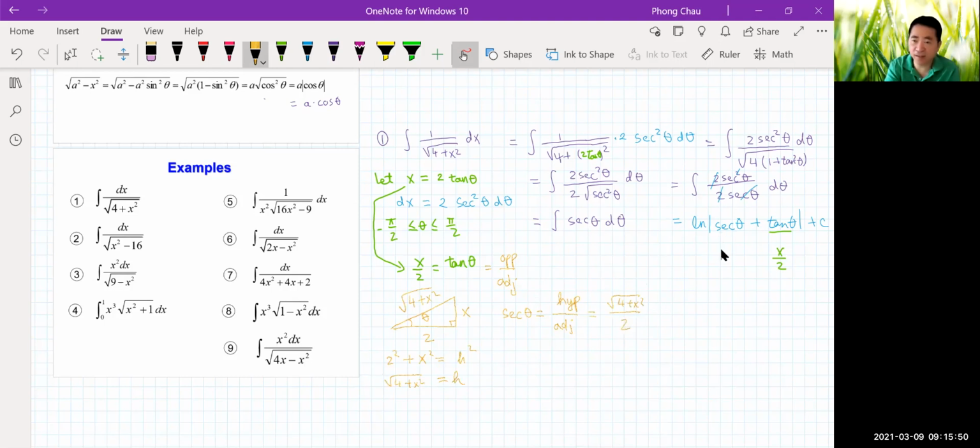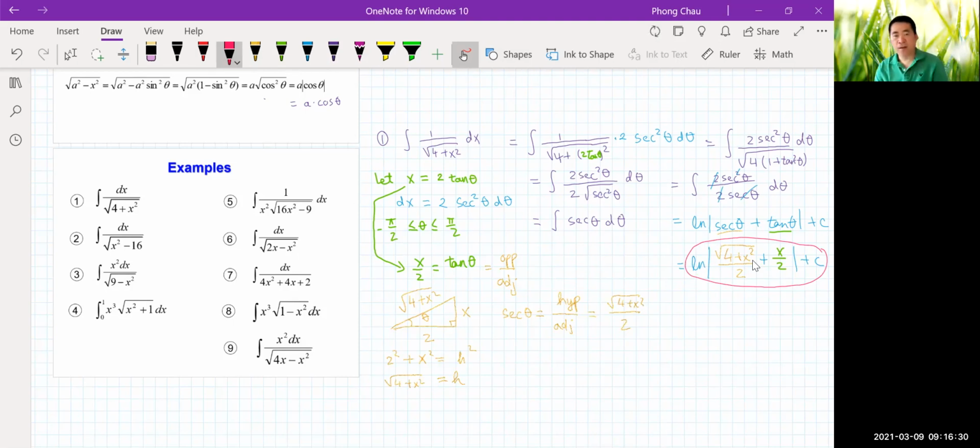So your secant theta is square root of 4 plus x squared over 2. So that equals the natural log of that plus tangent, x over 2, plus a constant. All right, so that finishes the answer to problem number 1 using the trig sub.